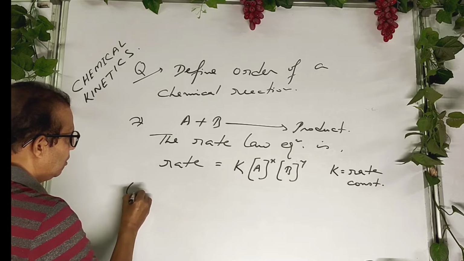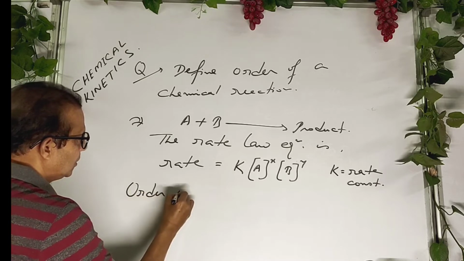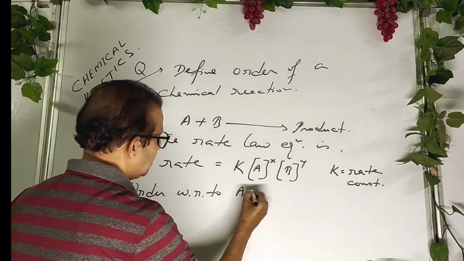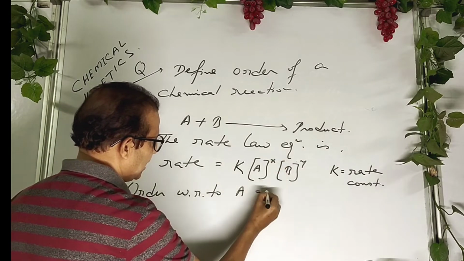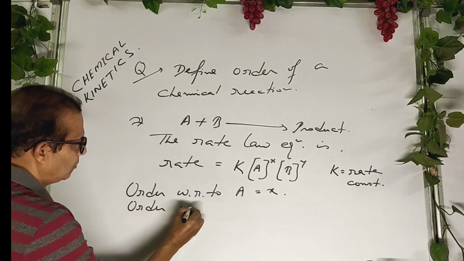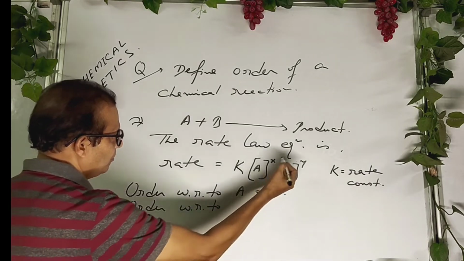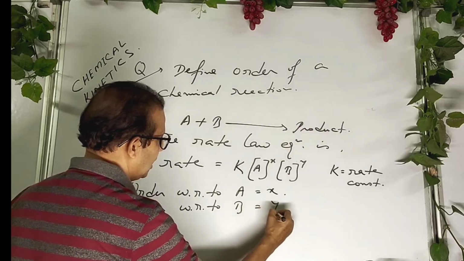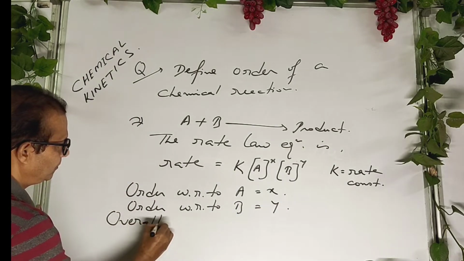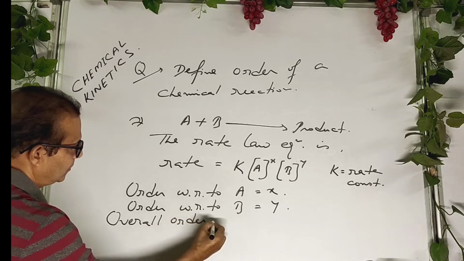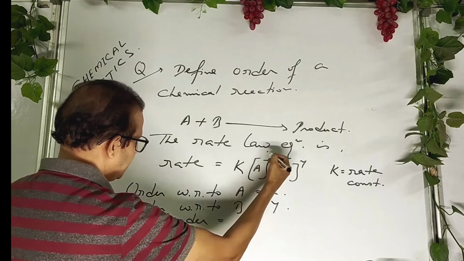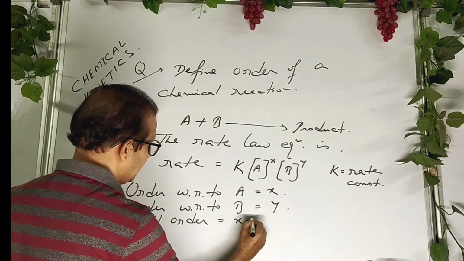So listen, order with respect to A equals to, see the power, x, order with respect to B equals to y, and overall order equals to, just add it, these are the numbers, integers, just add it, x plus y.